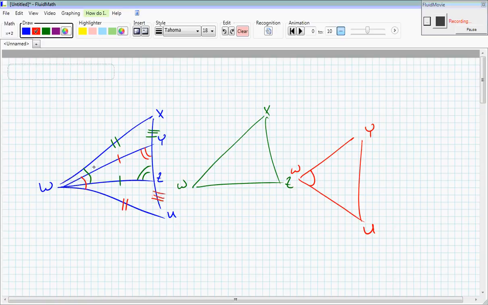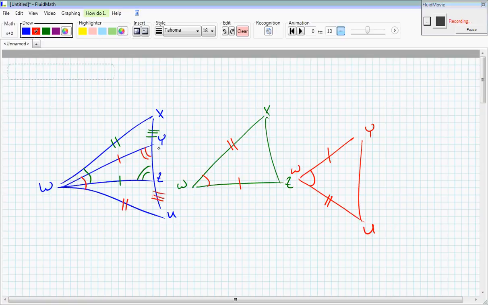is congruent to this angle W, which would be XWZ. In the diagram, we also see that side WU is congruent to side XW. We also see that side WZ is congruent to side WY.